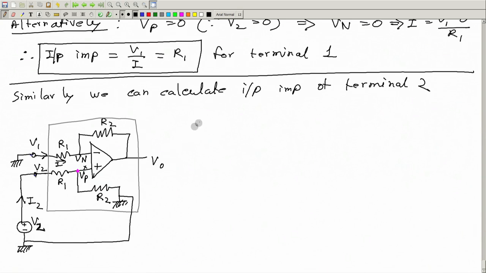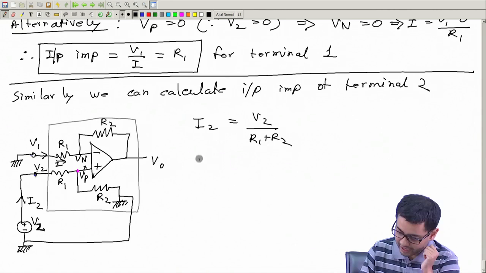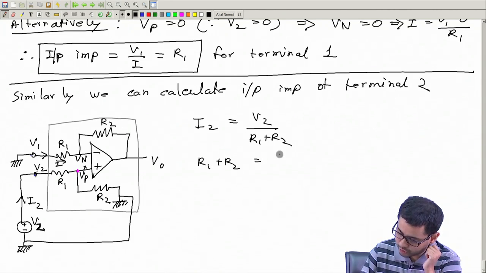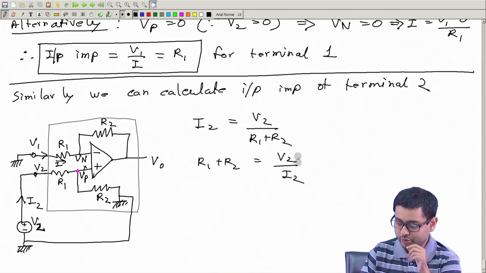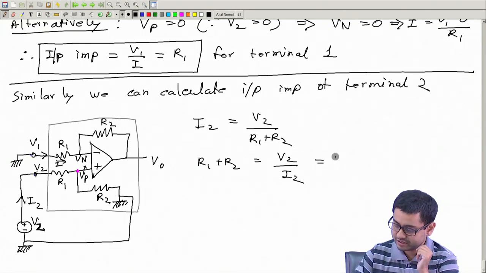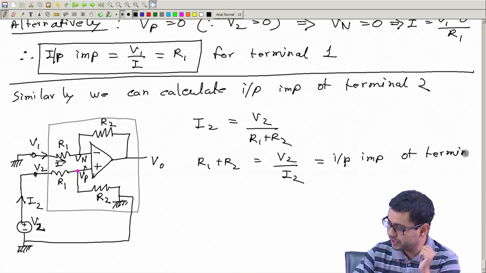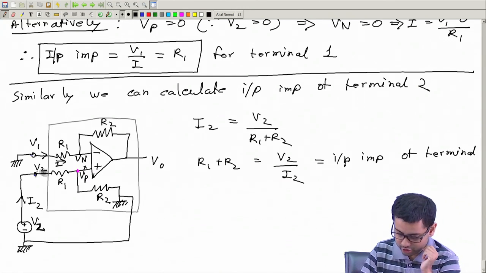So how much is I2? I2 is nothing but this voltage divided by this total resistance. Now from this you can write that R1 plus R2 is equal to V2 by I2, and this is the input impedance of terminal 2.